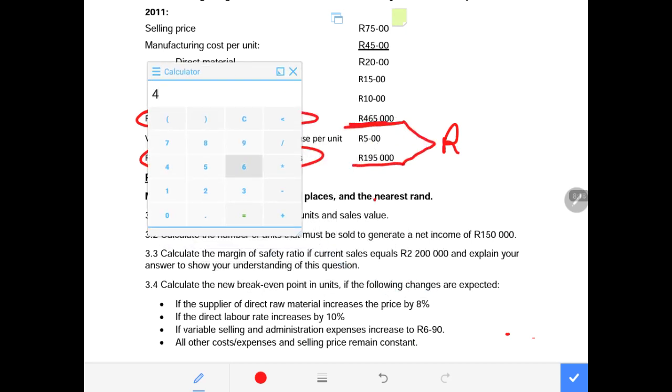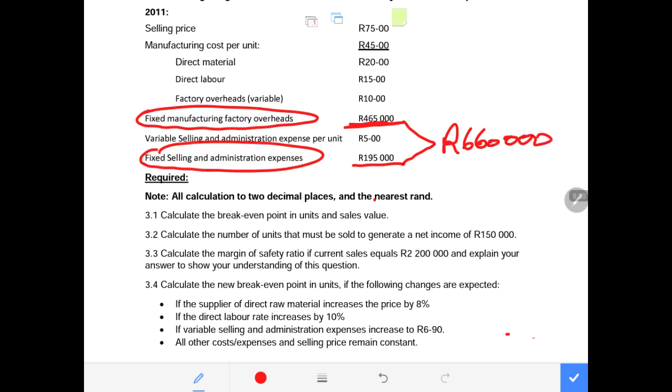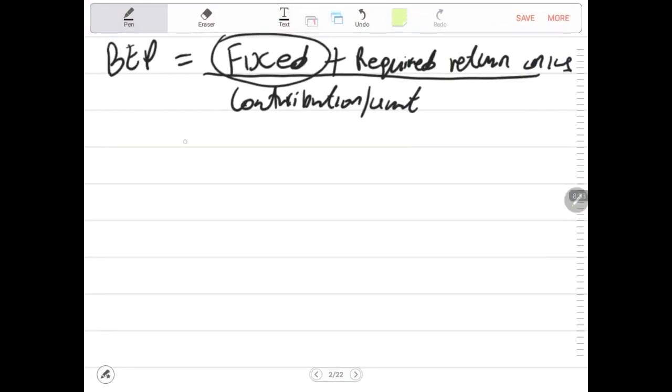Then it will be 465,000 rands plus 195,000 rands, and this gives us 660,000 rands. We are not told how much the owner wants to get as return on this investment.